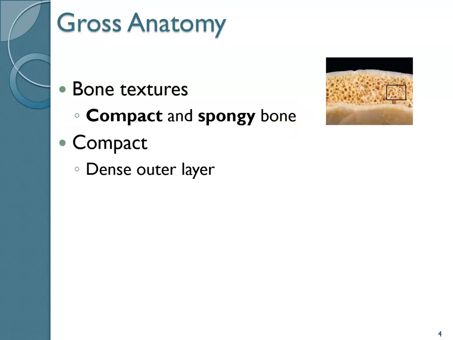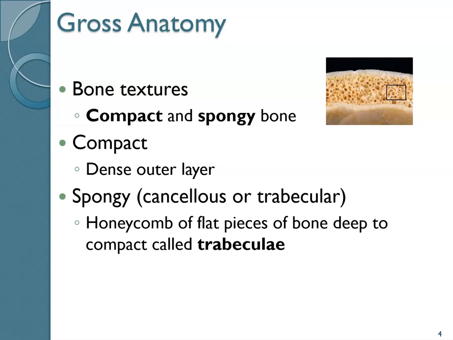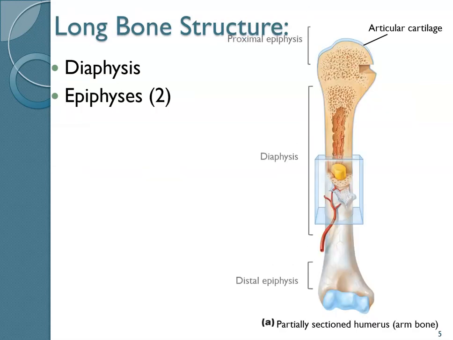Compact bone is dense, mostly found in the outer portions of the bone, and spongy bone is found deeper in, with a honeycomb appearance. The compact bone's subunit is called the osteon, which we'll go over in the next slide, and the trabeculae are the subunit for spongy bone. They're flat pieces of bone.